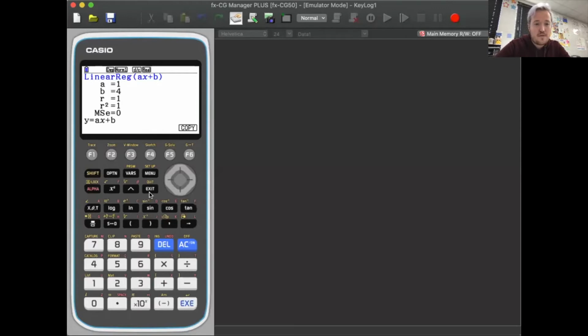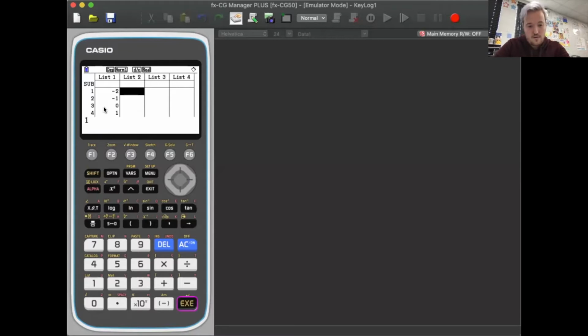I'm done with this menu, so I'm going to exit. Now I just need to change the table to match. The X values are good to go, so I'm going to leave those. I just need to change the Y values. So I have 1, 3, 9, 27, and 81. Once you get the table input, we want to do a regression. Oh, why is that menu still there? Exit again. There we go.